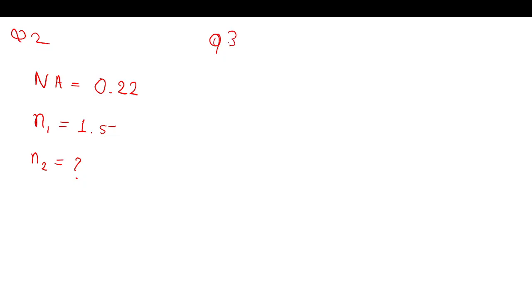Question 3. Here you have the apex angle of 20 degrees, and as you know, each wavelength has different refractive indices.